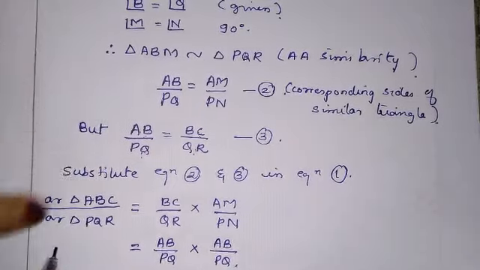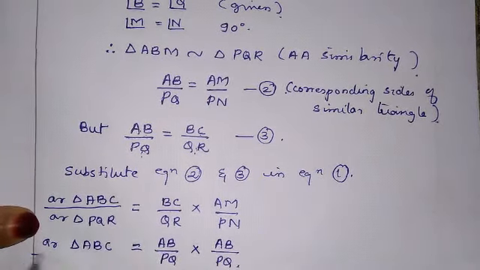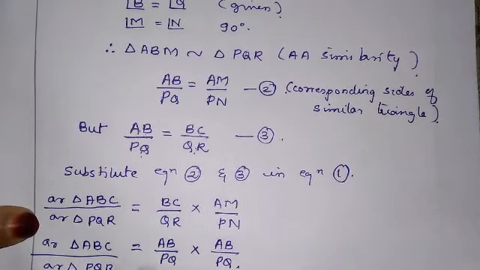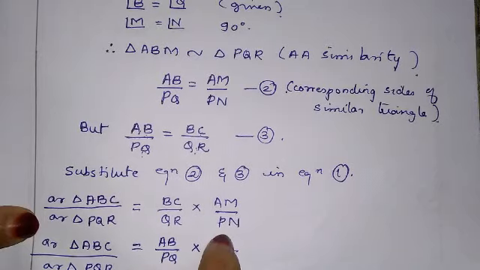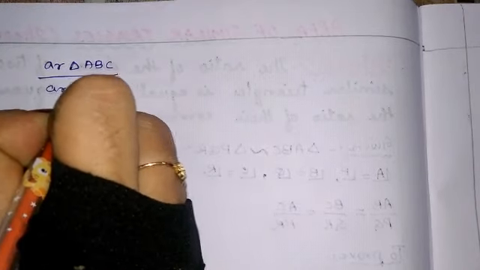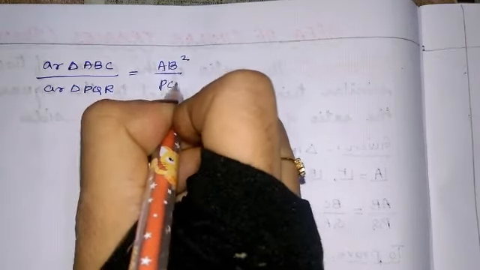So, last step now, what we have to write is AB into AB is AB square, PQ into PQ is PQ square. Let me write now: area of triangle ABC upon area of triangle PQR is equal to AB square upon PQ square.